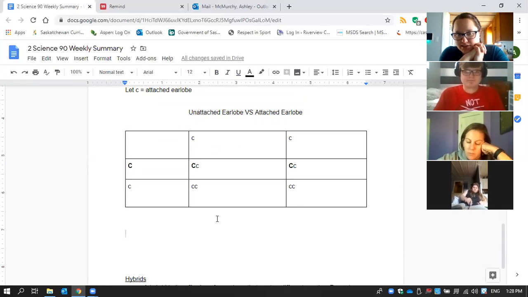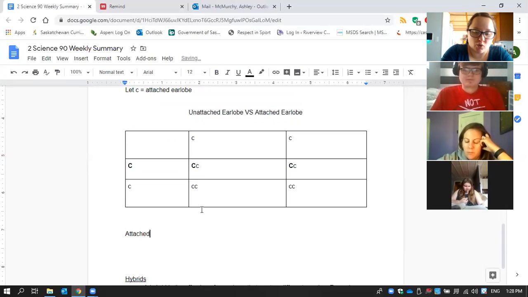So does someone want to tell me what 4 chances are that we have for the offspring? Attached earlobe. Okay, so this one, we have one that's attached earlobe. So with the offspring, I'll be looking for basically our results right in this table, just to summarize it.